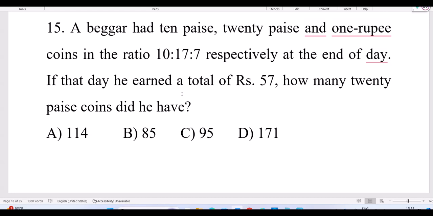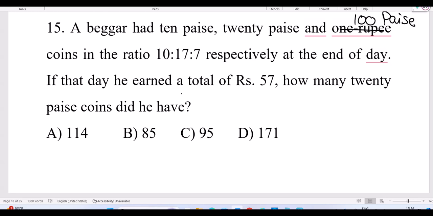If it is rupees, the question is easy to solve. If it is paisa, then only it is difficult. But still, the textbooks now give paisa-related questions. If it is rupees as per the trend, it's easy, integer values, no problem. But here 10 paisa, 20 paisa, 1 rupee. 1 rupee can be changed as 100 paisa.